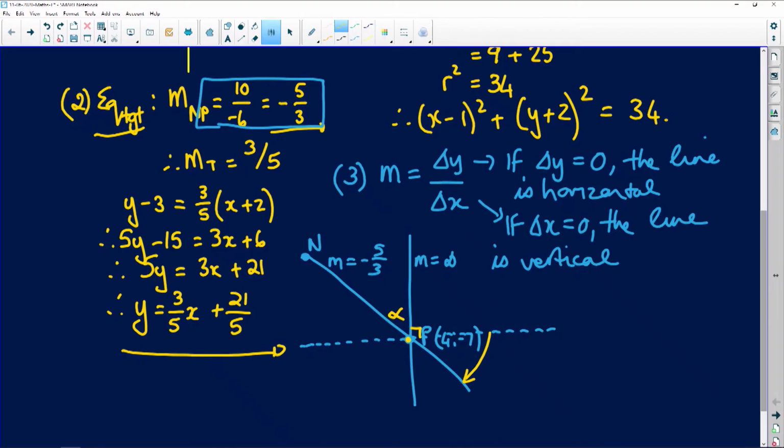Once I've got this angle, I'm going to add 180 to it, and it will give me this complete angle over here. Once I've got the whole angle, I just take 90 degrees away and I've got alpha.